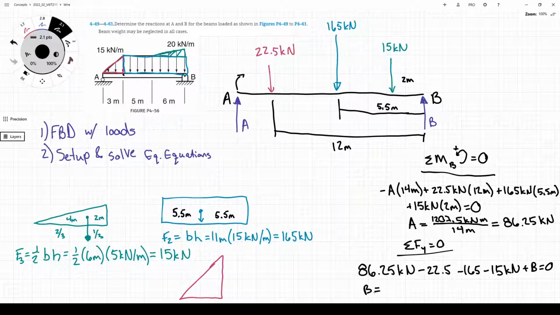B is going to be equal to, if we just calculate 86.25 minus 22.5 minus 165 minus 15, that's minus 116.25. And add that to both sides, we get B equals 116.25 kilonewtons.